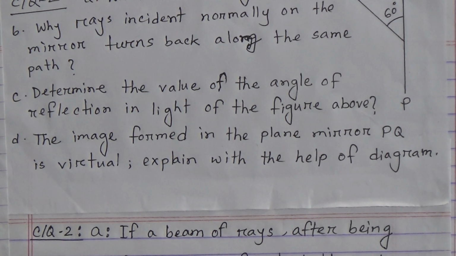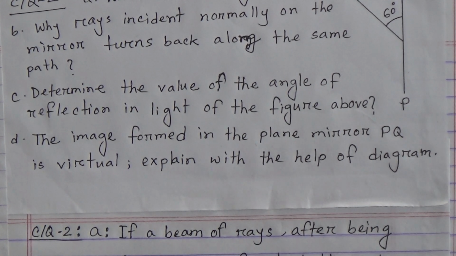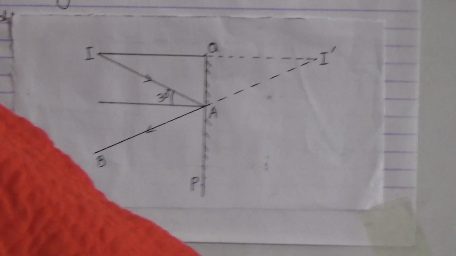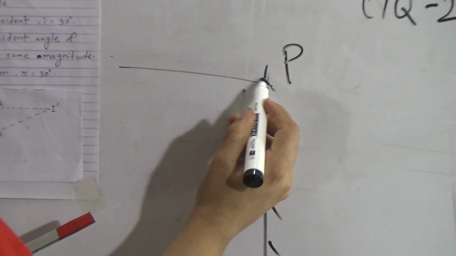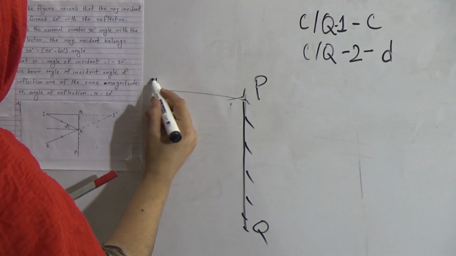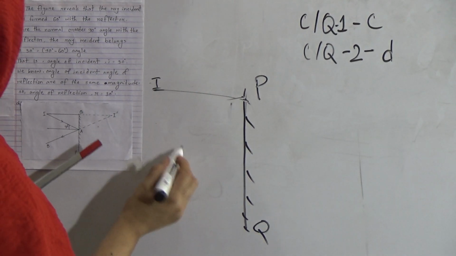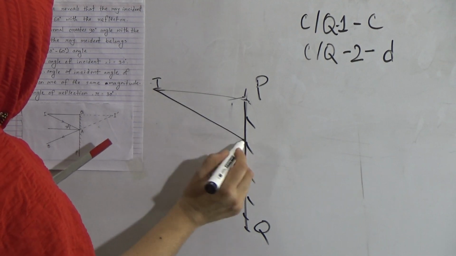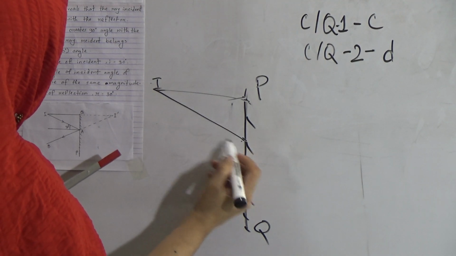We have to draw this figure. At first, we have to draw this figure. Here, suppose PQ is the reflector, and here is the object I, and the angle of incidence is 30 degree.